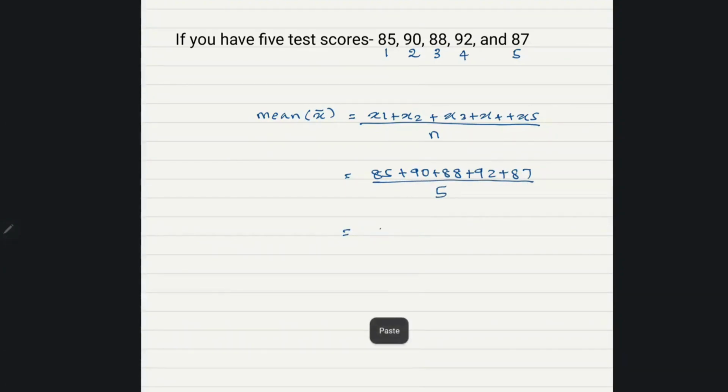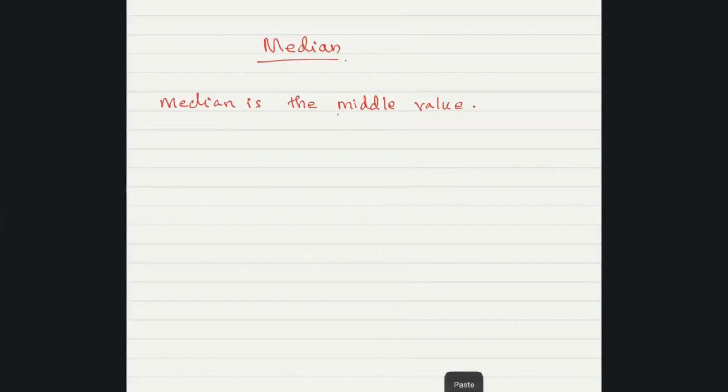The total will be 442, and divided by 5 equals 88.4. So the mean test score is 88.4. The same concept can be applied with large sets of data, for example 30,000 or 100,000 values.